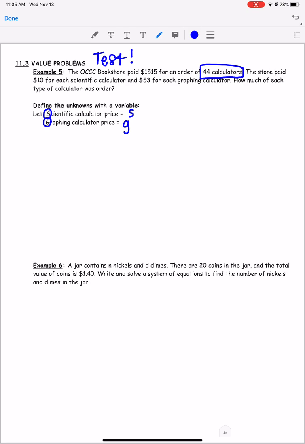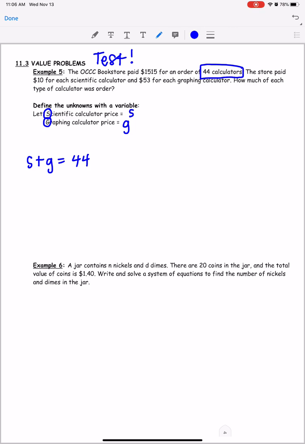So my first equation here is S plus G equals 44. Whether that's 24 and 20, or 14 and 30, whatever the combination is, when I add up the number of scientific and the number of graphing, it needs to equal 44. So your first equation is just over the number. The second one has to do with the money.